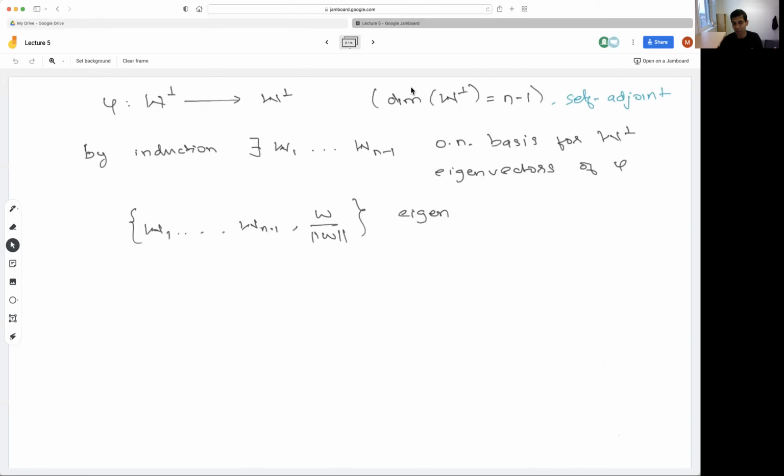And then we look at the space W perp, which was the space of orthogonal vectors. So W is an eigenvector. W1 to Wn-1 are eigenvectors. And W1 to Wn-1 are an orthonormal basis. So in particular, they're all orthogonal to each other. And they're all orthogonal to W because they live in this space W perp, which is the space of things orthogonal to W. Right? So we get that these are all eigenvectors of phi, and they form an orthonormal set.